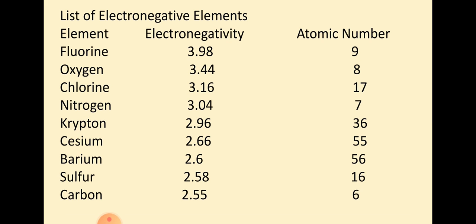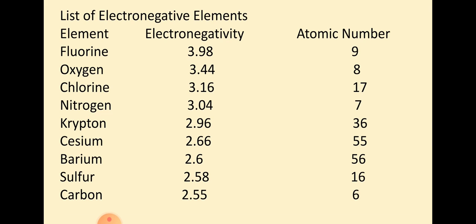Here a list is given where you can see the electronegativity of a few elements with their atomic numbers. Fluorine, atomic number 9, you will find that somewhere it is written 4, but here it is written 3.98. Actually the electronegativity is determined by different scales, the Pauling scale, the Mulliken scale, and when we do the calculation we get slightly different values, approximately equal to the value which is used by all of us.